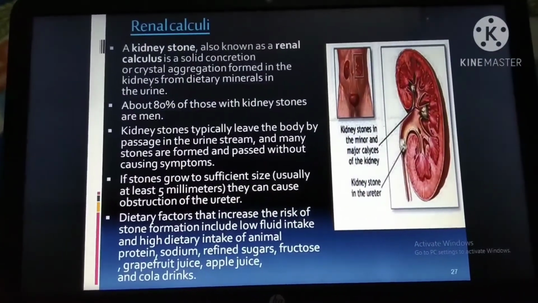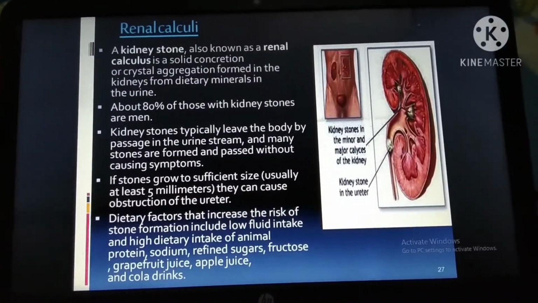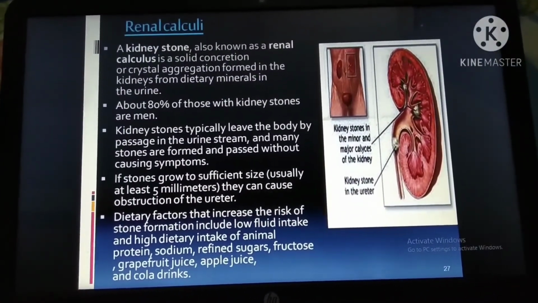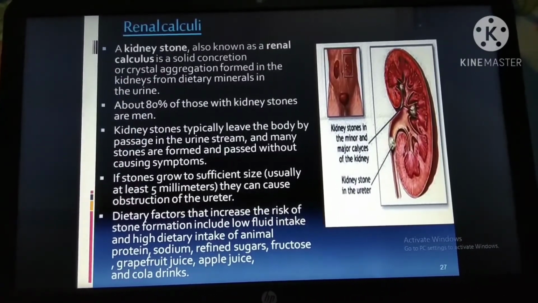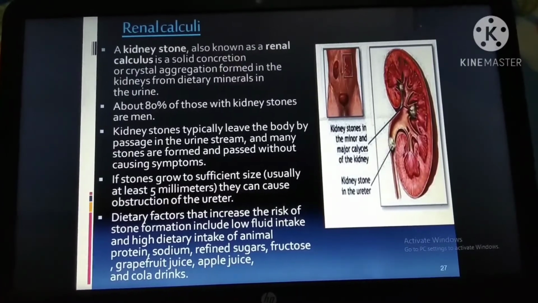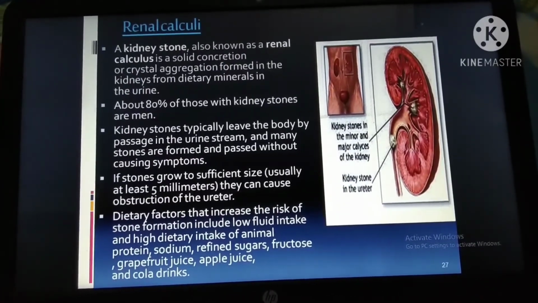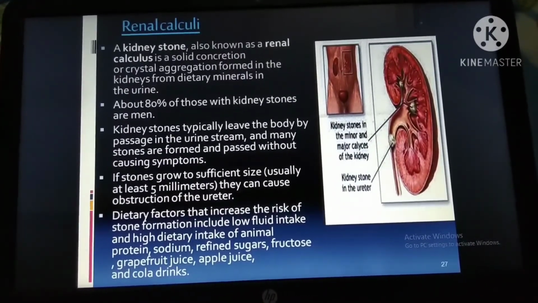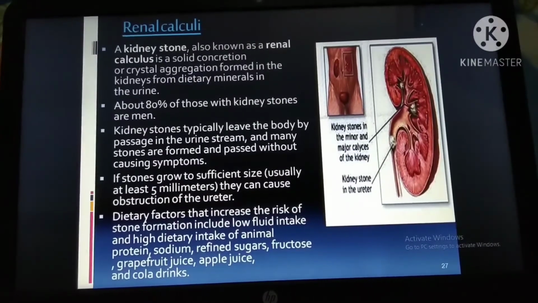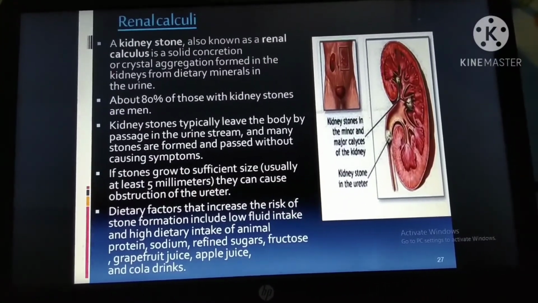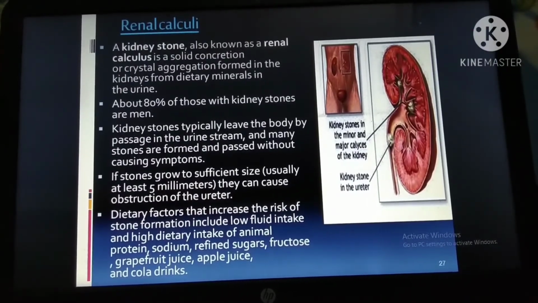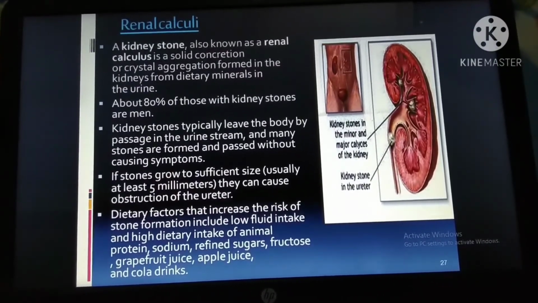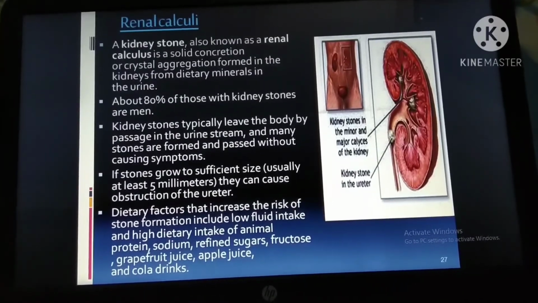Renal calculi, also known as kidney stones, are solid concentrations of crystal aggregation formed in the kidneys from the dietary minerals in the urine. About 80% of those kidney stones are found in men. Kidney stones typically leave the body by passage in the urine stream, and many stones are formed and passed without causing symptoms.